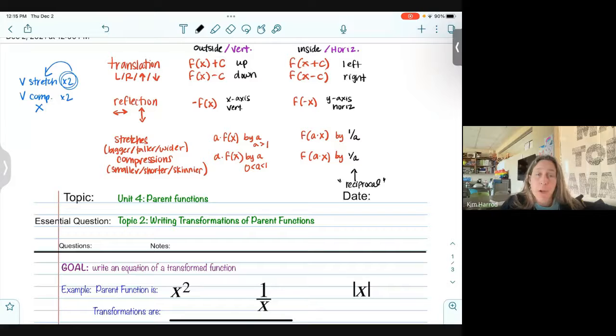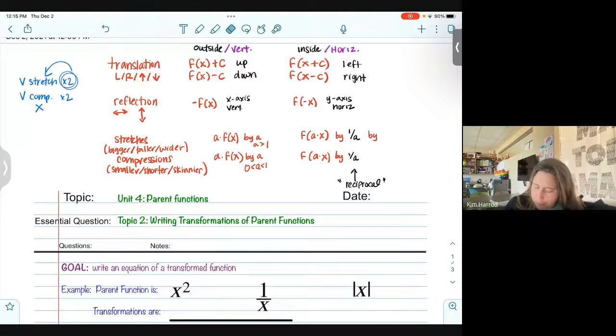Remember, reciprocal is when 2/3 becomes 3/2 or 5 becomes 1/5. Okay, so the amount in a horizontal stretch or compression will always be the reciprocal of the number you see being multiplied.